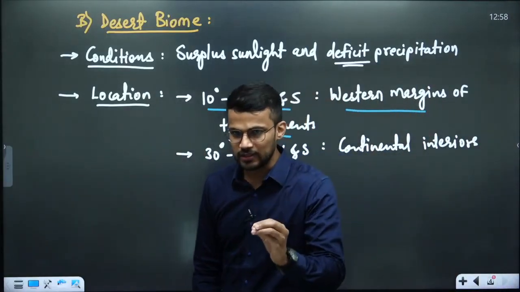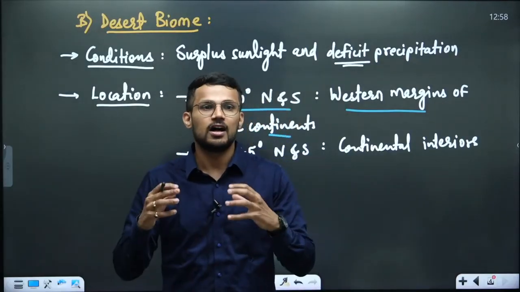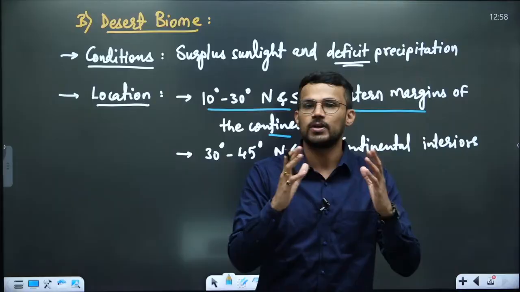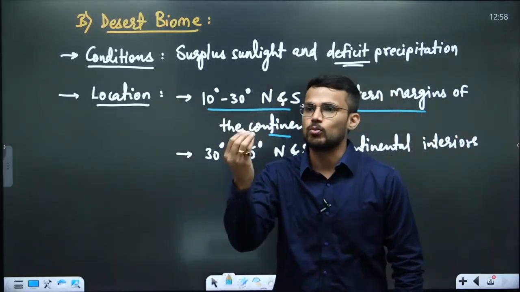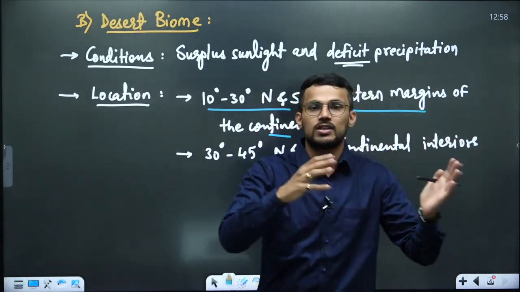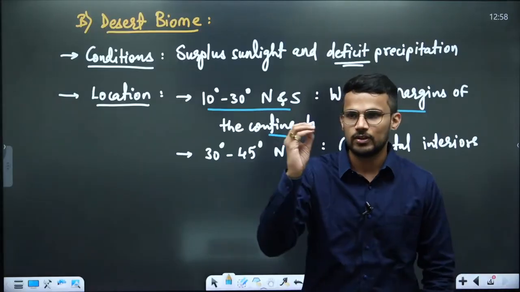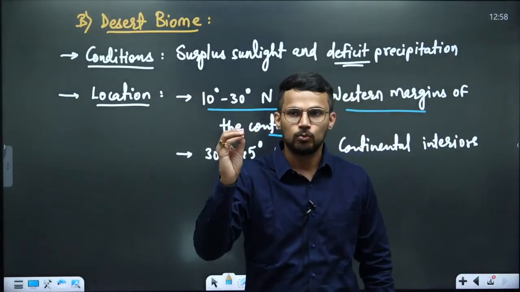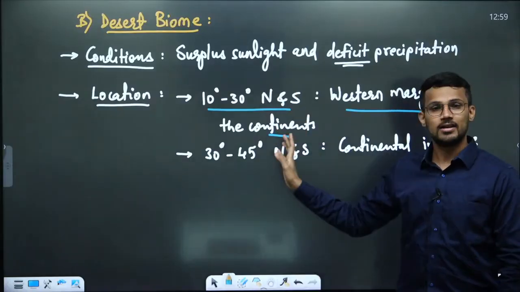Because trade winds are offshore in this particular area. Offshore means they are moving towards the shore from land area. So अगर land से shore के तरफ जा रही है तो उनमें moisture होगा क्या? नहीं होगा. Right? If they are coming from shores towards land, they will be having moisture. पर जब land से shore के तरफ जा रहे हैं, they will be lacking moisture. So if moisture is lacking, obviously कौन सा biome होगा वहाँ पे desert होगा, right?